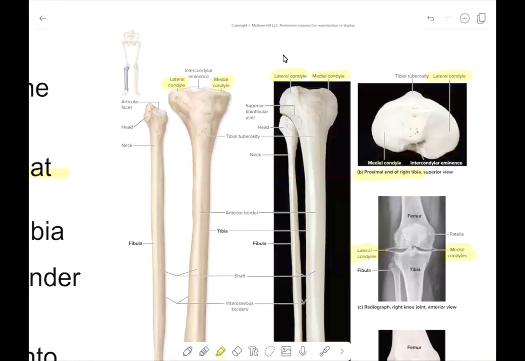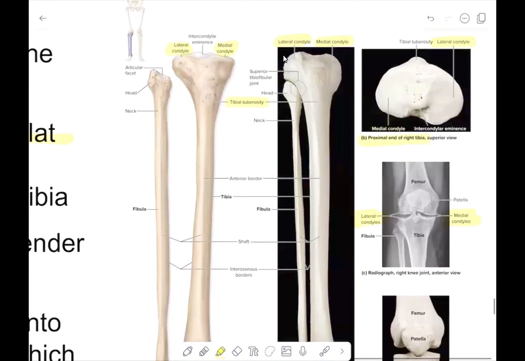So it allows the medial condyles of both the femur and the tibia to articulate. But of course, there is fibrocartilage in the form of menisci between those two condyles. On the anterior surface of the tibia, we find the tibial tuberosity, which is an important attachment for a muscle.